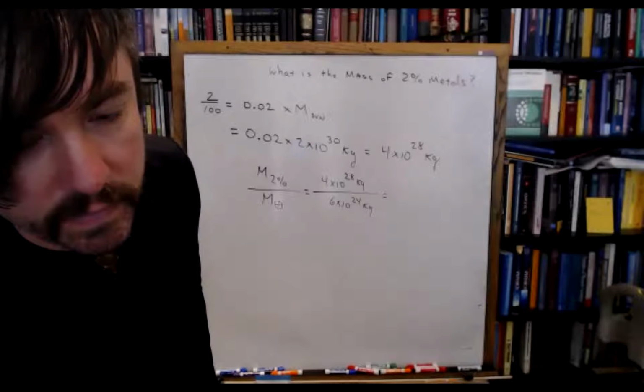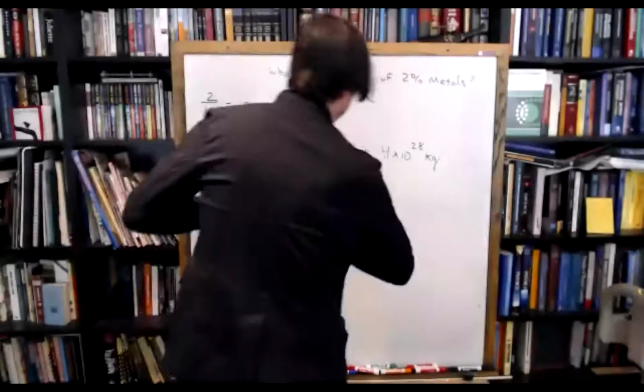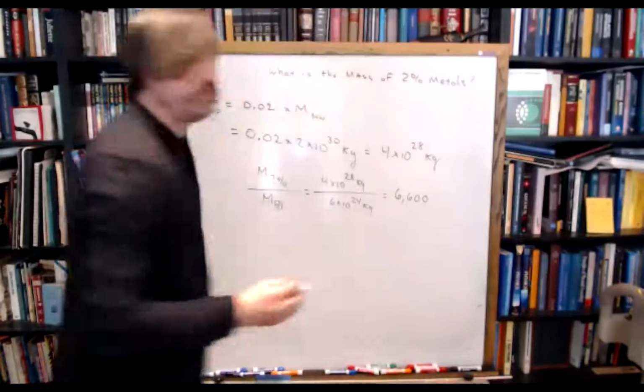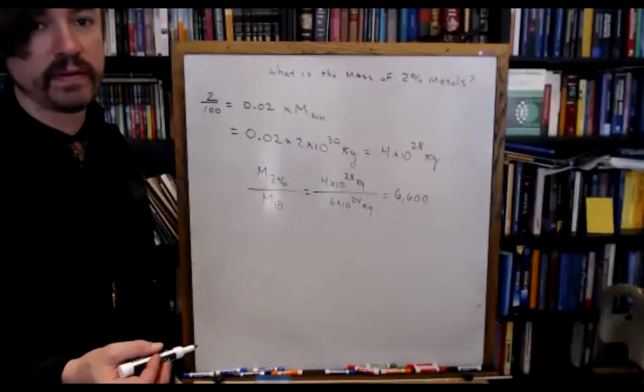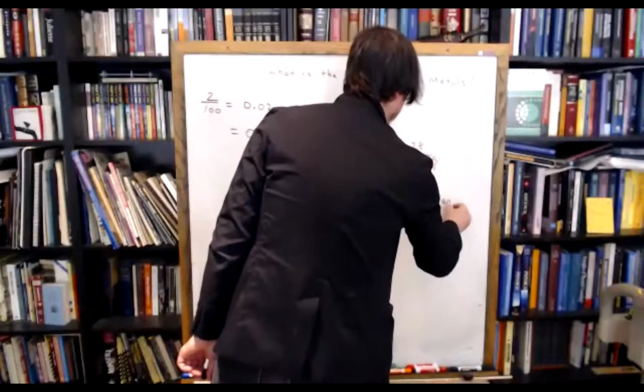Nothing. It's a ratio, right? Yeah, so what's the meaning of your 6,600 then? It's 6,600 times larger than the mass of Earth. Right. Or in other words, it's 6,600 Earths worth of material, right?